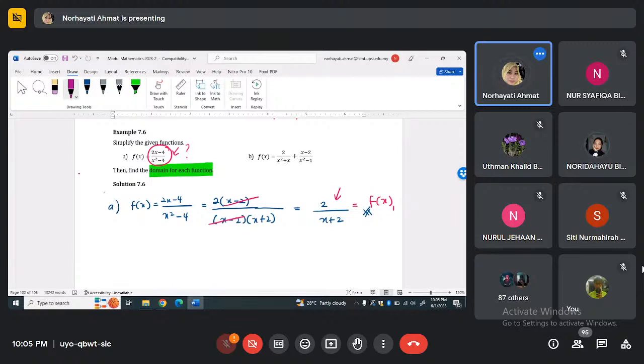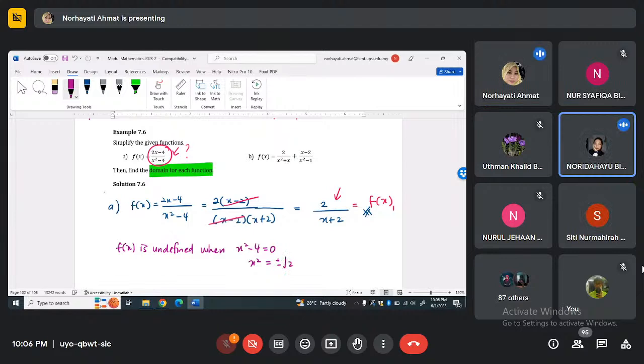Yang original. 2 square minus 4. 0 lah. Ni? Salah. X square, okay. Kita tulis balik semula, okay. x is undefined when x square minus 4 equals to 0, which is x square equal to 4. x equal to plus minus square root 4.